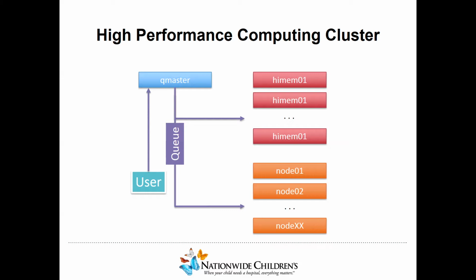Everything that I'm going to go through in these training sessions could be done on a single computer, but there's really a very big advantage to using a computing cluster. I'll go through these stages as we go.